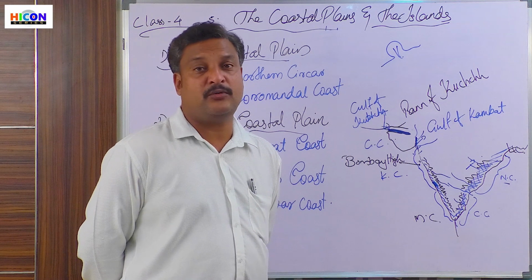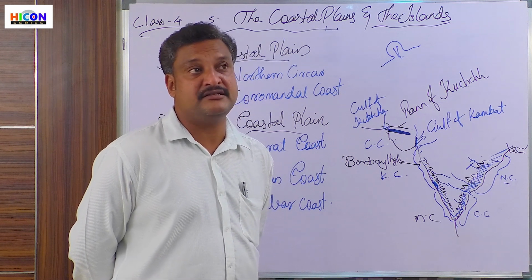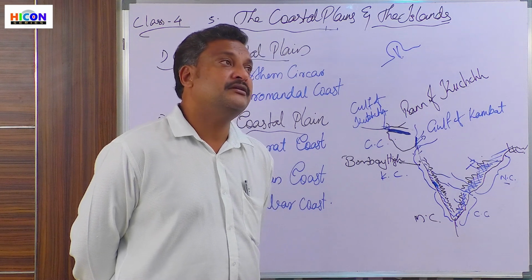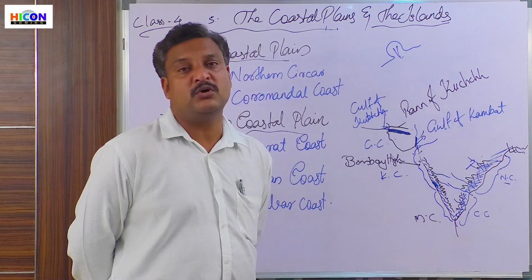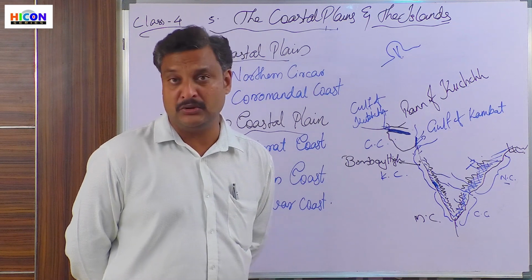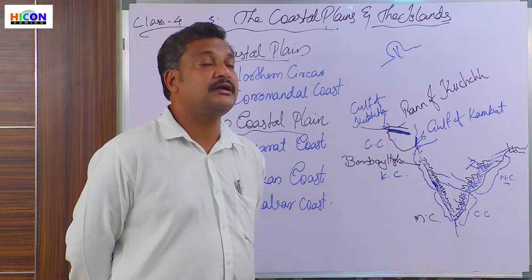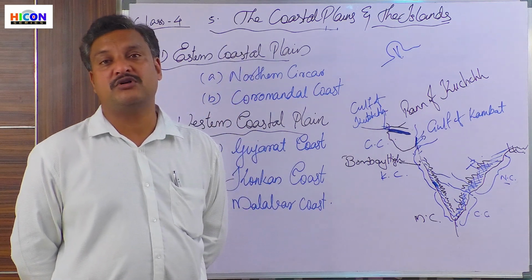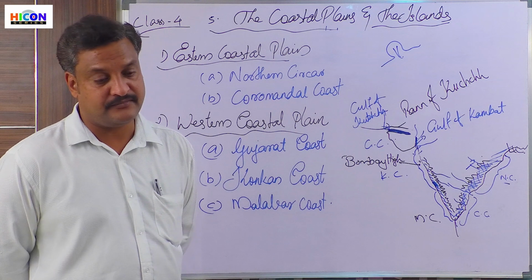The major port in this area is Cochin, one of the most important cities over here. Then minor or subordinate ports we have are Mangalore, New Mangalore, then Calicut. Okay, so these are some of the ports in this region, right?